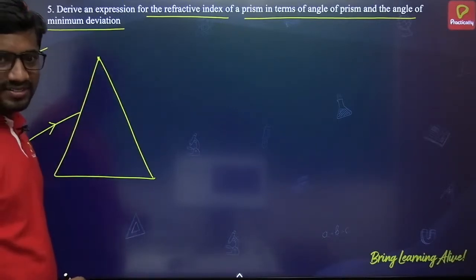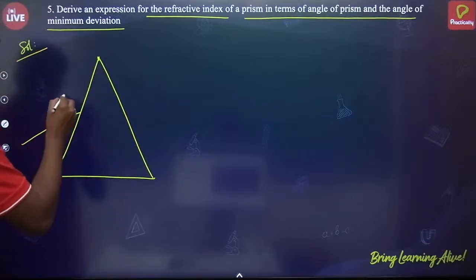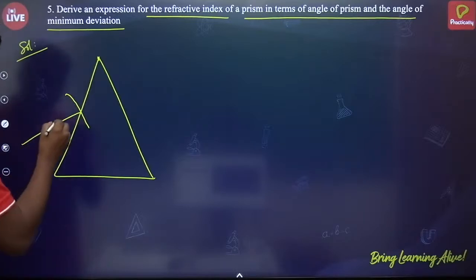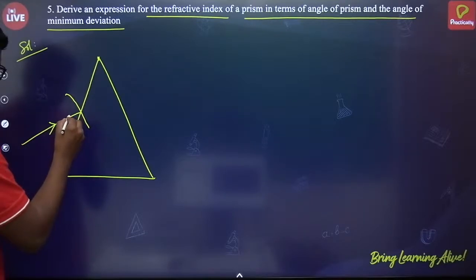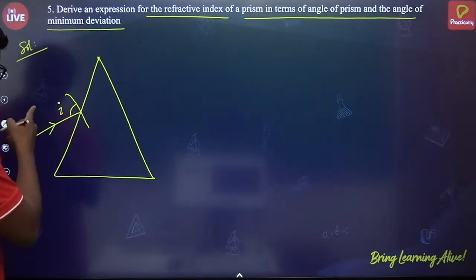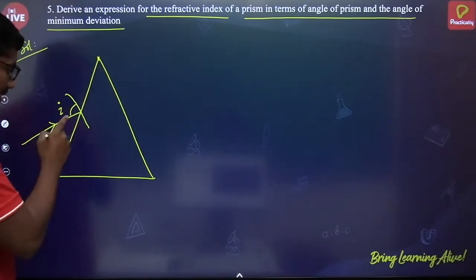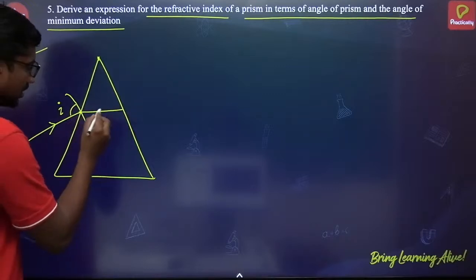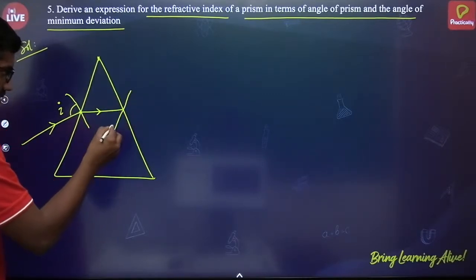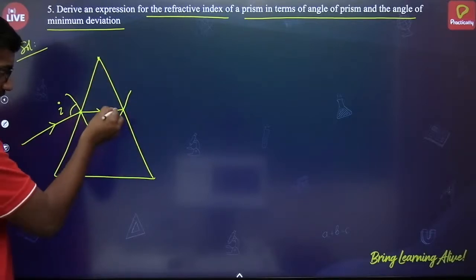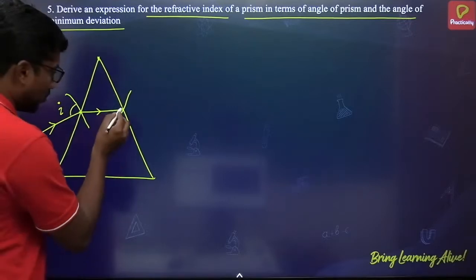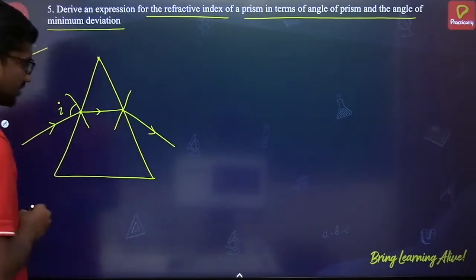All right. So now here this is the normal drawn to this surface. Let the angle of incidence over here be i. As this light is traveling from rarer to denser, it will bend towards the normal. So this will be the first refraction of light, and again it will touch the other refracting surface at this position. Here, as it is traveling from denser to rarer, it will move away from the normal like this. All right.